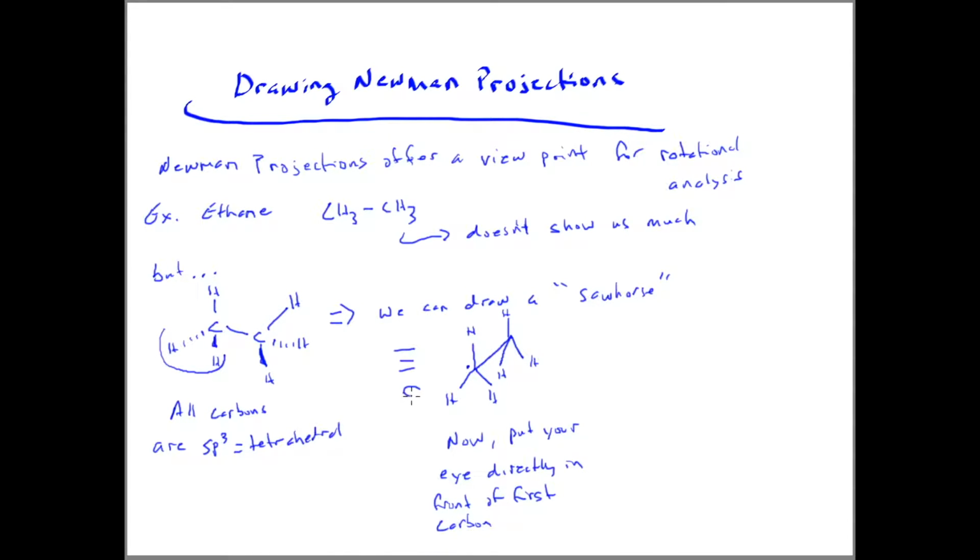That's like the back carbon. So imagine my eye right here, with some nice eyelashes. Here's our carbon. We're looking down the center of this carbon, and if I align it directly, I can't see the carbon behind.